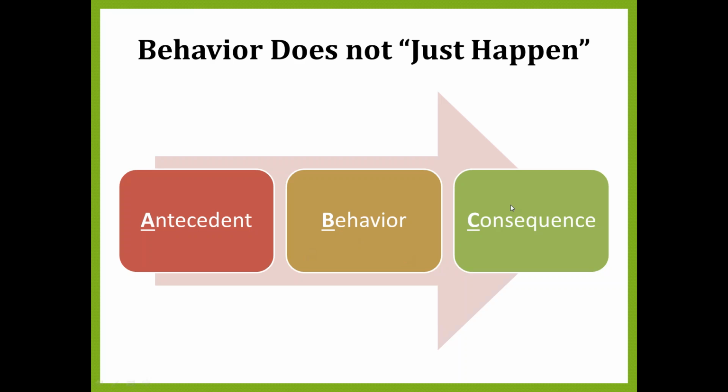And then what is the consequence that is maintaining that behavior? We call these the ABCs of behavior, but it's just that beginning level of understanding that behavior is a form of communication. When a student has a behavior that's inappropriate, we want to figure out how we are maintaining that behavior by giving them the specific consequence they're getting.